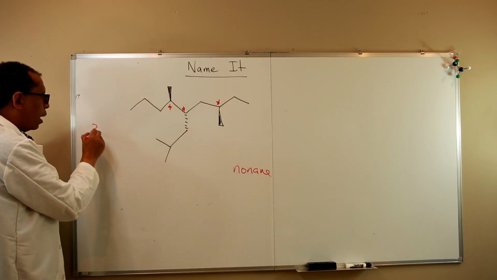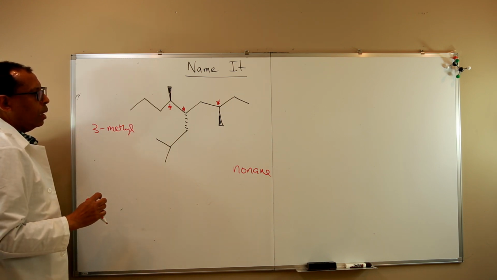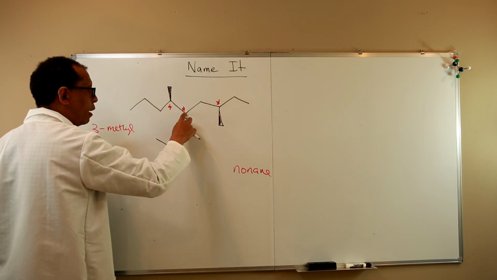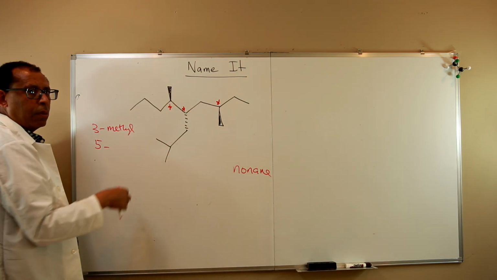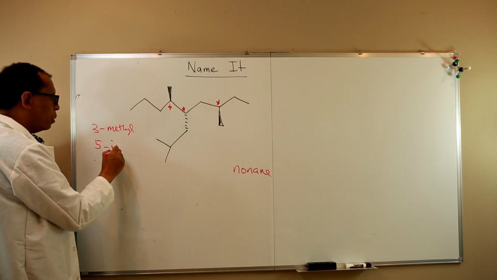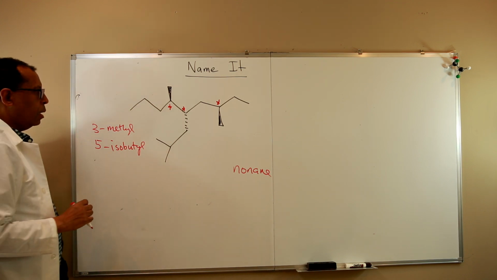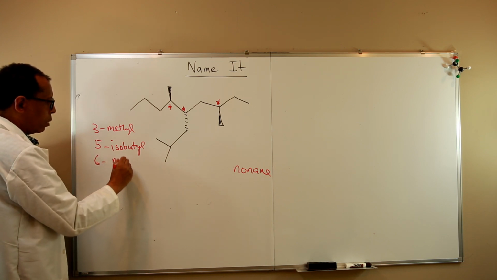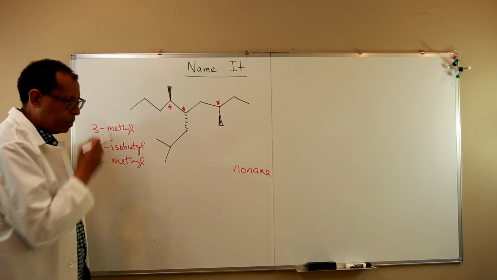At position 5, what group do I have? This is called isobutyl, not isopropyl. At the 6th position, I have another methyl group. So now I have 3 substituents.